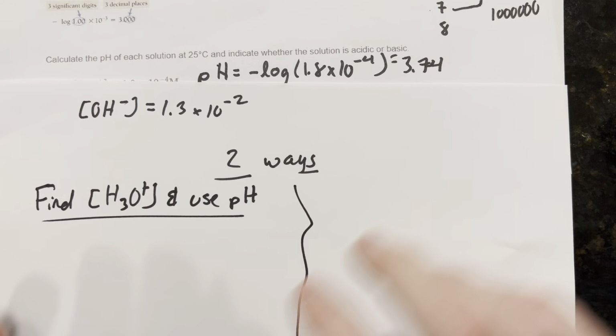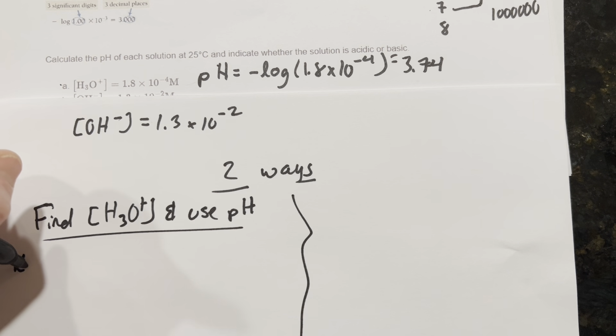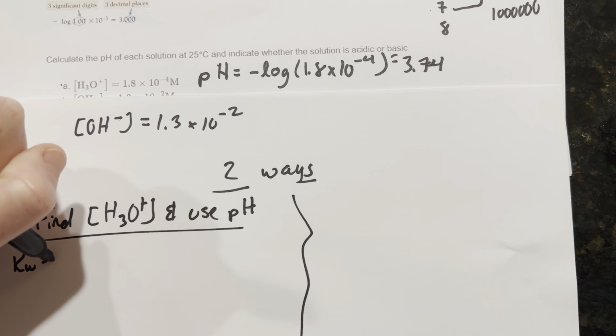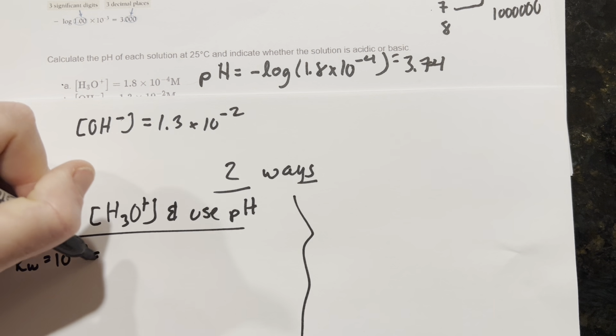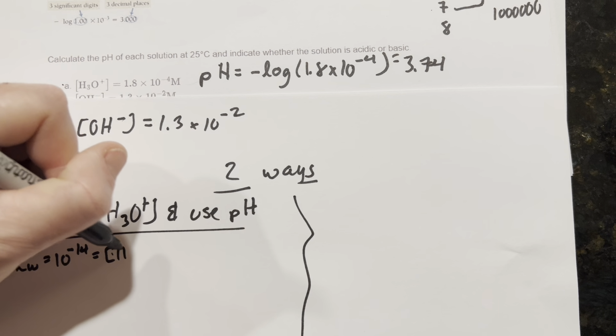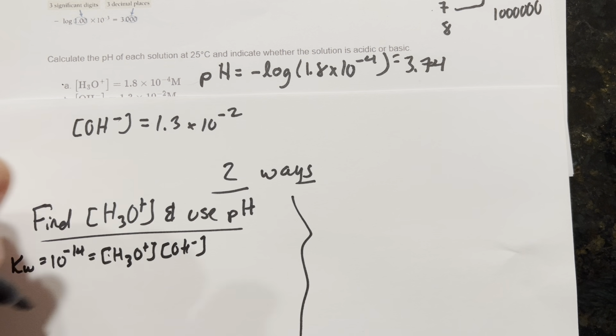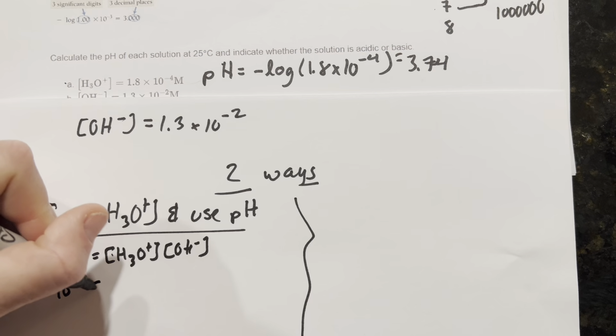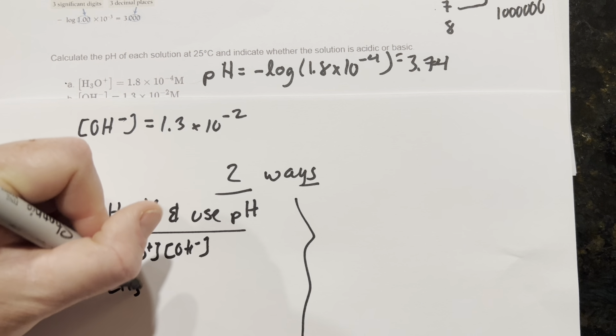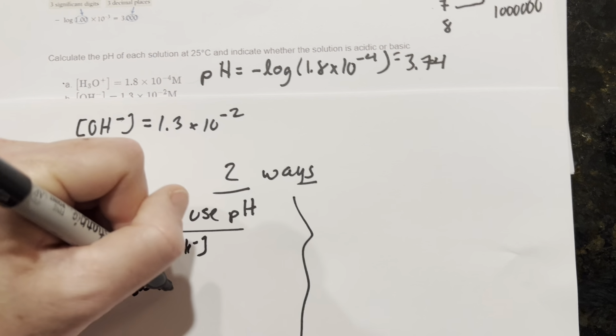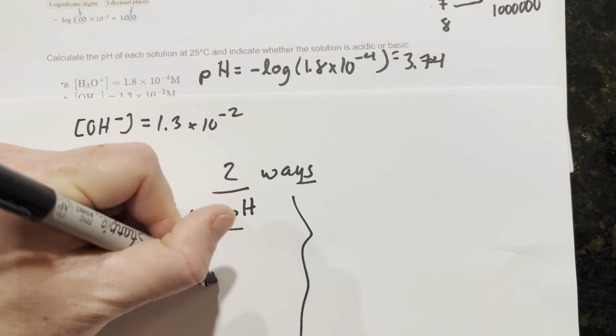All right, so to find H3O plus, remember we have Kw, which is equal to 10 to the negative 14, is equal to H3O plus times our OH minus. So we're given OH minus. We can solve for H3O plus by plugging and chugging into this equation.